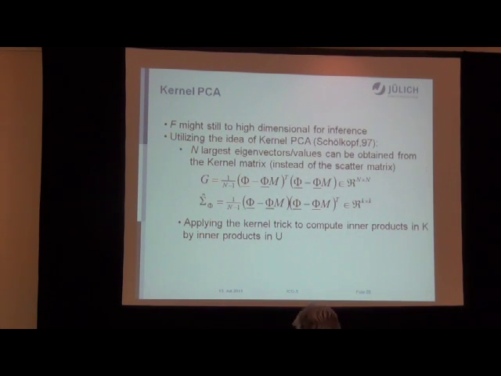So this dimension increase might have the problem that we are again in a very high dimensional space, or even in an infinite dimensional space, where we cannot do this inference.